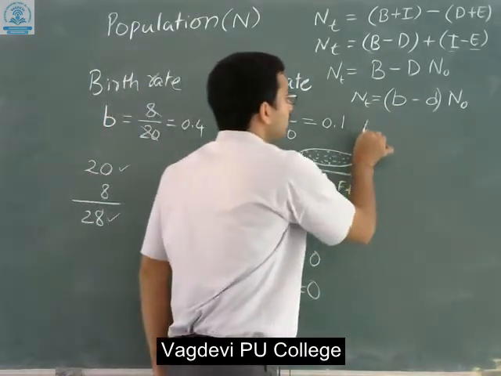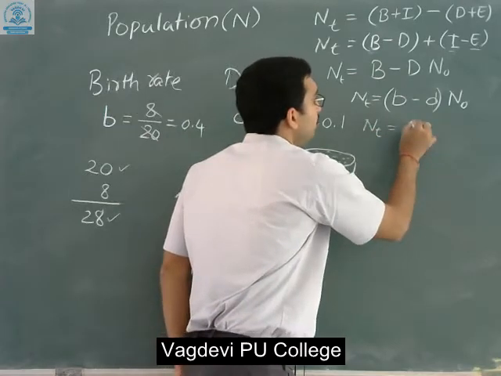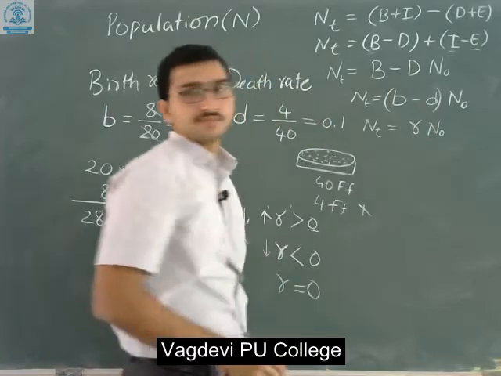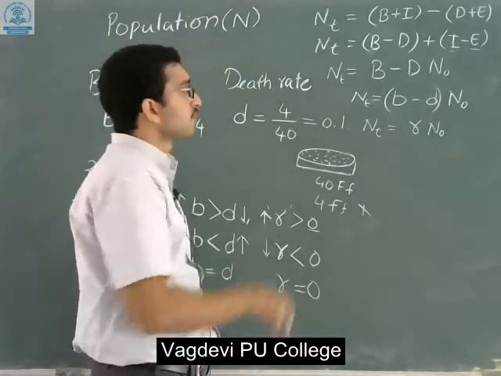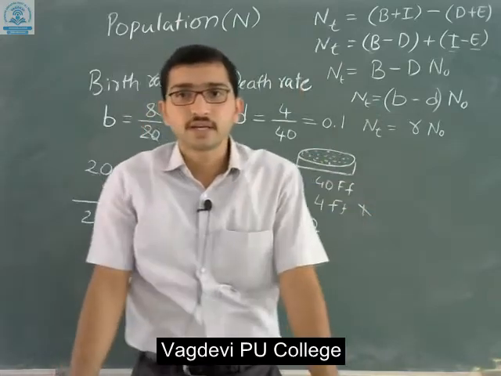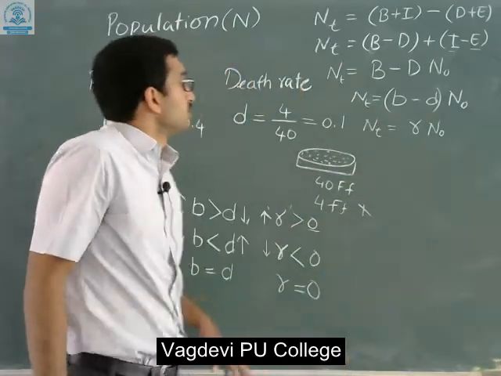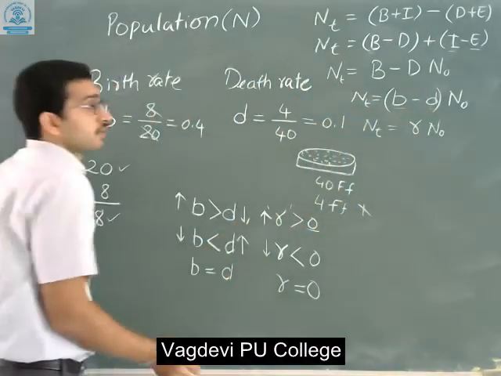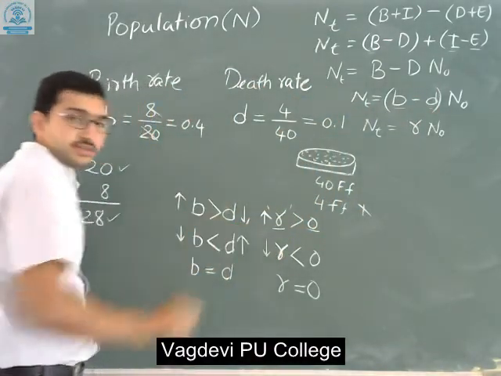Now we can substitute this b minus d as r N naught. This is the substitution we can use, and I will continue it. Keep this in mind. Ultimately, the birth rate and death rate are dependent upon the per capita growth rate.